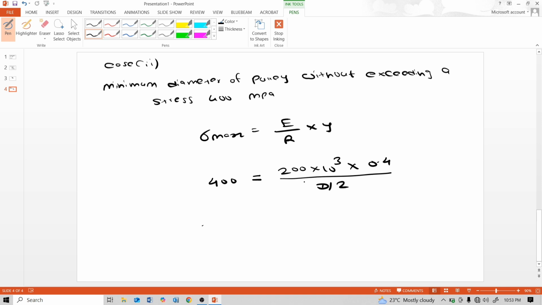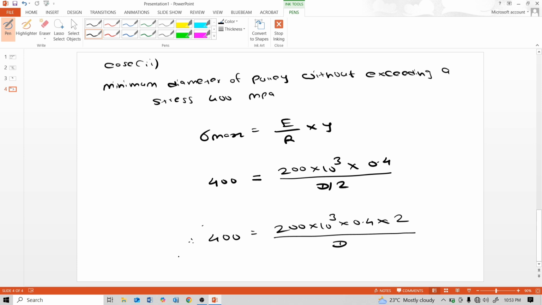Now next solve this equation mathematically. Therefore 400 is equal to 200 into 10 raised to 3 into 0.4 into the inverse of d by 2, that means 2 by d.